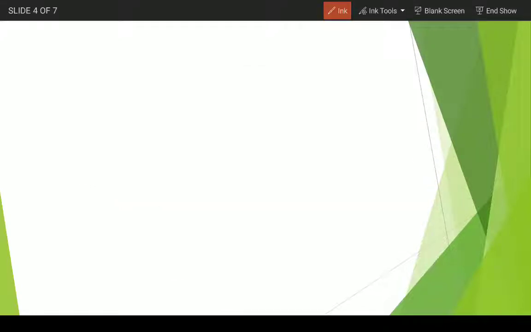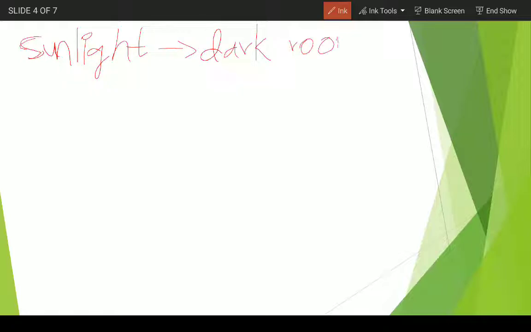Now we shall discuss when the size of the pupil increases and when it decreases or shrinks. So first, when we are moving from sunlight to a dark room, what happens at that time?